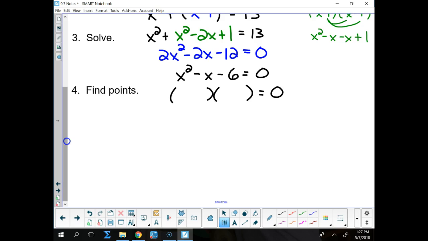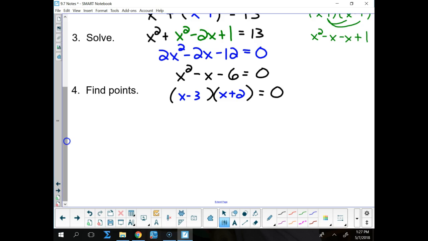Do we agree with x minus 3, x plus 2? Somebody other than Jackie, what do we do next? How did you come up with 3 and negative 2?